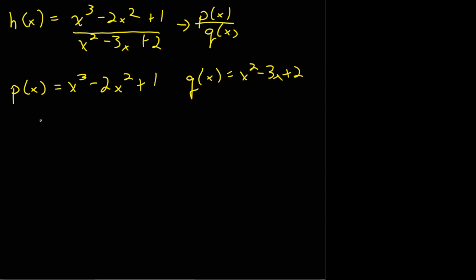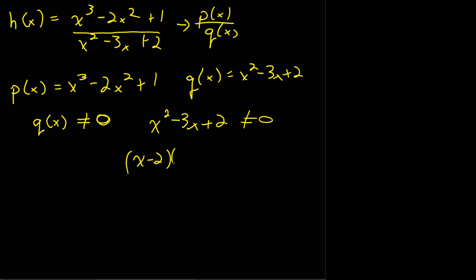So the next thing we have to worry about is q of x cannot equal 0. So we have to find where q of x equals 0. We have to find the numbers that q of x cannot be. So we have x squared minus 3x plus 2 can't equal 0. Well, we need to find the roots of this. And that's x minus 2, x minus 1 can't equal 0.